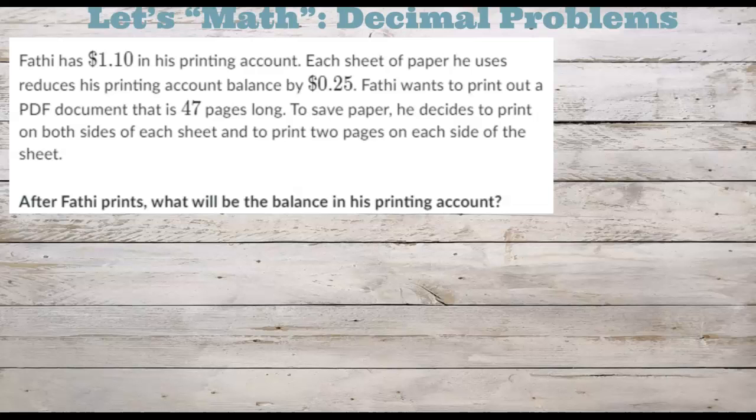It says he prints on both sides of each sheet, but it says he prints 2 pages on each side. People think it's just 2 pages. If you don't read it correctly, you might miss that. How many pages does he fit on each sheet of paper?